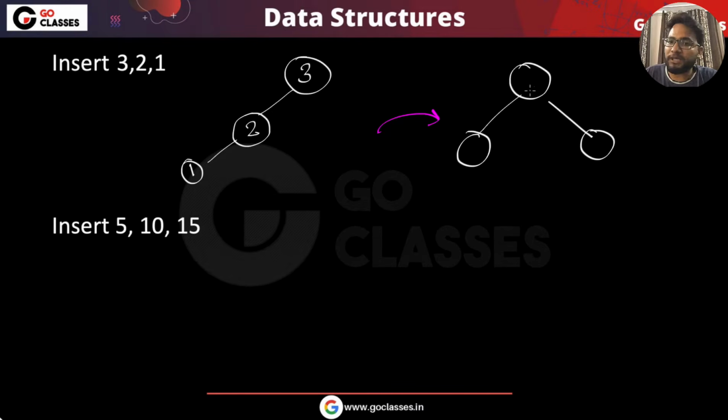Why? Because you will write the minimum, then the next minimum, then the next, because inorder traversal has to be unique, right? So only the minimum will come here, which is 1, and then the next, and then the maximum, which is 3. So only one possibility is there, and always one possibility given any structure, maybe like this, okay?